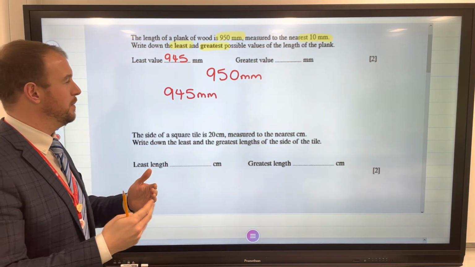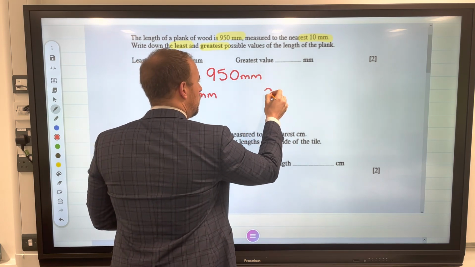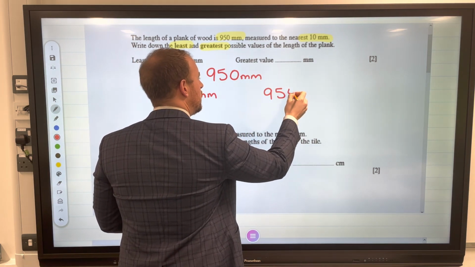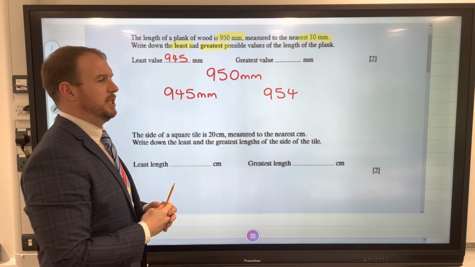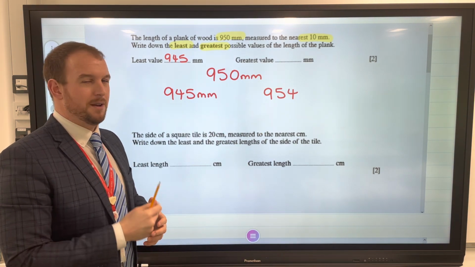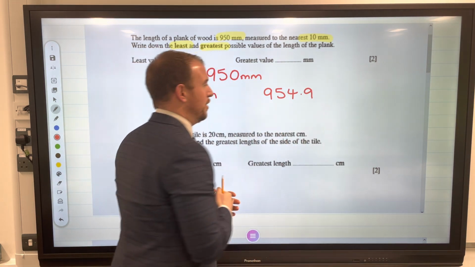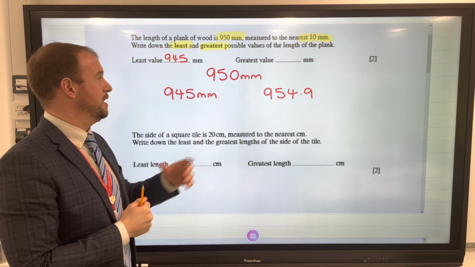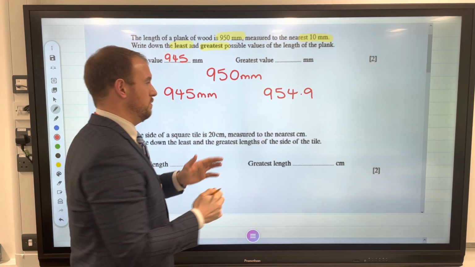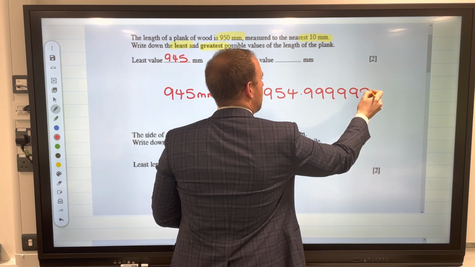Okay, so we're talking a bit about rounding. So then the greatest value, some of you may be thinking, well it must be 954 then, because the 0 to 4 stay on the floor, so that'd make it 950. Okay, but if I put 0.9 on the end, it would still round to 950. You're right, I could make this 9 go on and on and on forever.